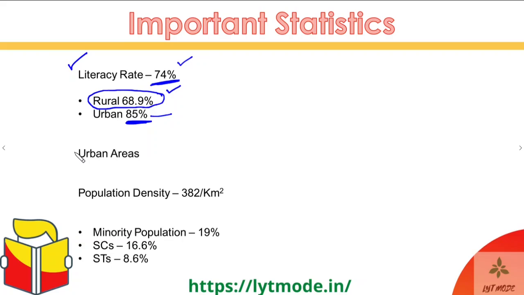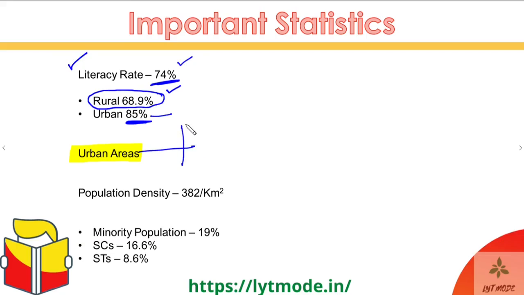All right, guys. Now next comes the term of urban areas. Now we've been considering that there is a literacy rate in urban areas, this is the population in urban areas, but what is an urban area? And this is again a very, very interesting concept, and I think it has also been asked in one of the exams, so you need to know this as well. So an urban area is basically, there are three conditions for it.